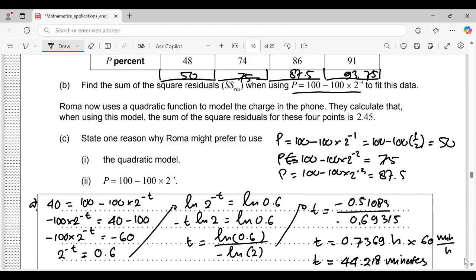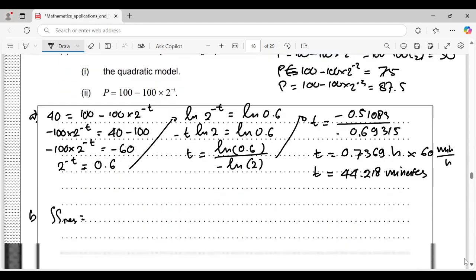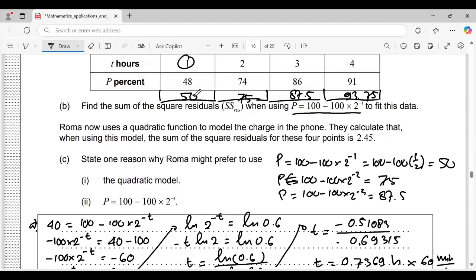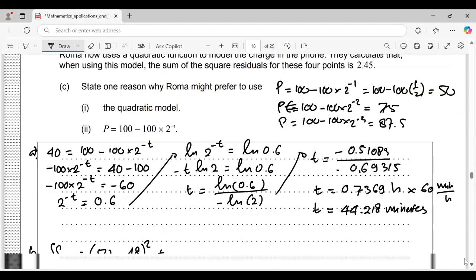So it becomes 50 minus 48 squared, plus 75 minus 74, plus 87.5 minus 86, plus 93.75 minus 91, squared, of course.